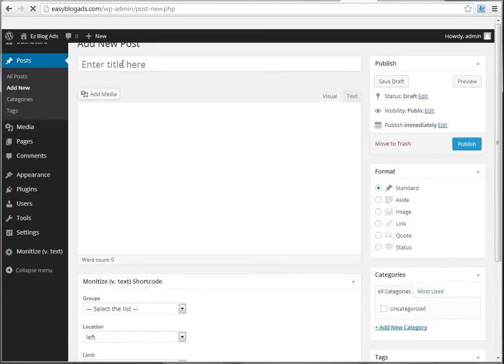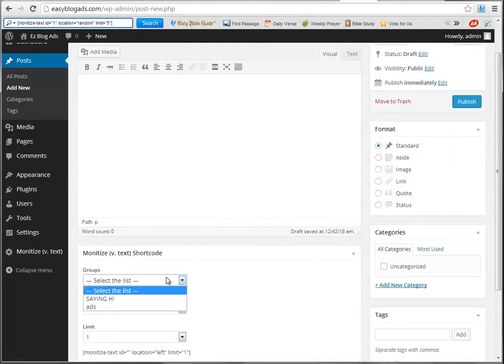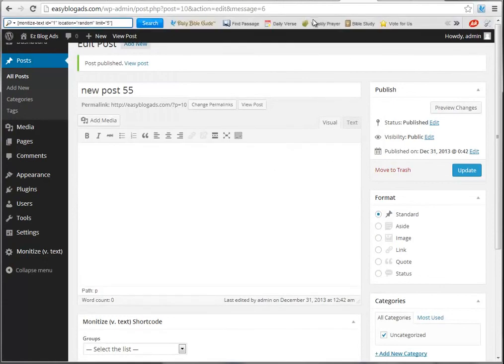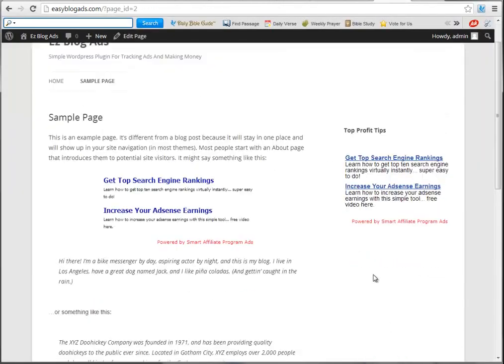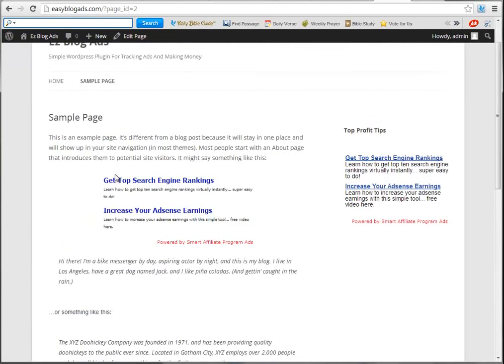Let's say we create a new post, and it's called New Post 55. And then we could go in and you could see that now we have our Saying Hi group here. You do center, however you want this, and you hit publish, and you're ready to go, and now those ads are showing up. And again, it's doing all the work for you, testing, tracking everything, making good-looking ads, putting them where they convert, and getting them to other stuff.